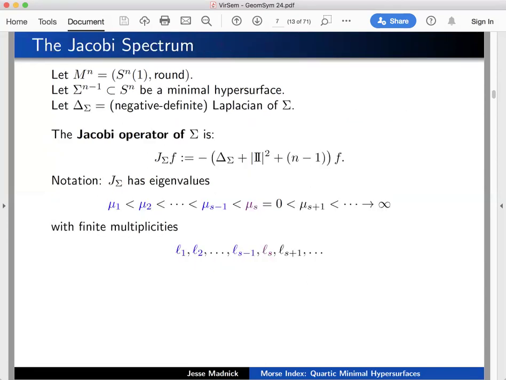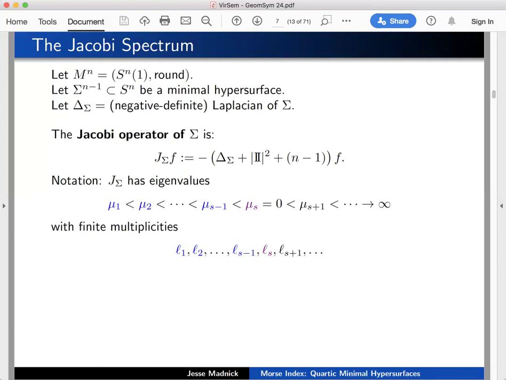So again, the Jacobi operator is a strongly elliptic operator. So by the spectral theorem, it may be diagonalized. It's a standard fact that the Jacobi operator has real eigenvalues, and these form an increasing sequence.